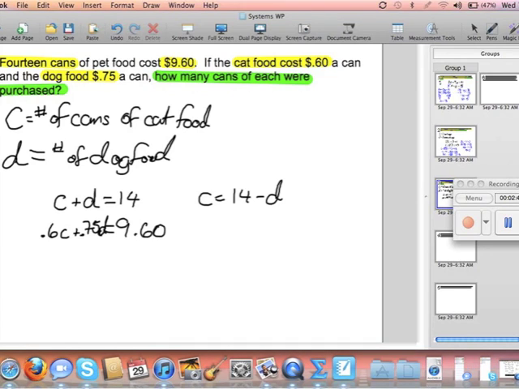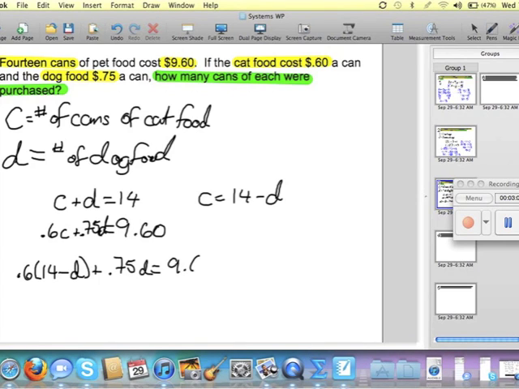This way I'm not multiplying by decimals or getting really weird numbers when I'm trying to do the linear combination method. So we get 0.6 times 14 minus D plus 0.75D equals 960.